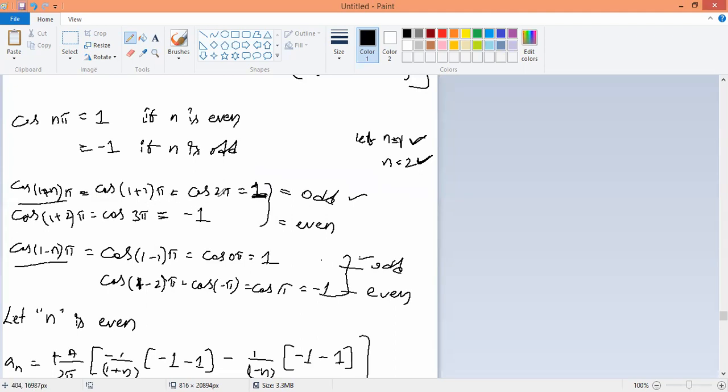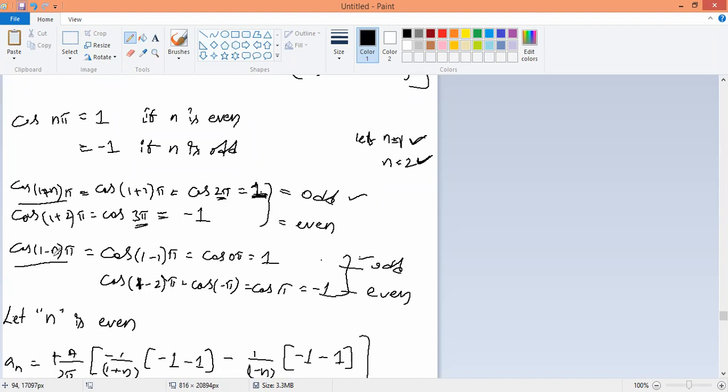So cos of 2 pi, here 2 pi is the even value, and here 3 pi is the odd value. So here 1 will come, here minus 1 will come. So if n is odd, cos of (1 plus n) pi value is 1. If n is even, cos of (1 plus n) pi value is minus 1.